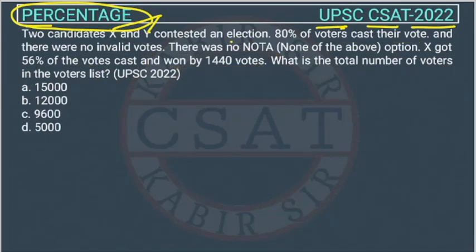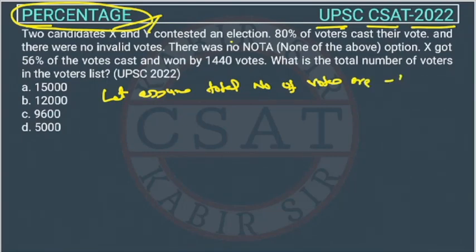I am removing this. Now let's assume that total number of votes are 1000, right? See, in percentage questions we normally take 100 or 1000, a multiple of 100, right? Because the calculation is easy. Okay, because here 2 times we have to take percentage, that's why I am taking 1000.